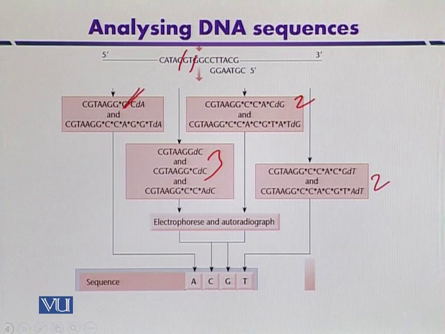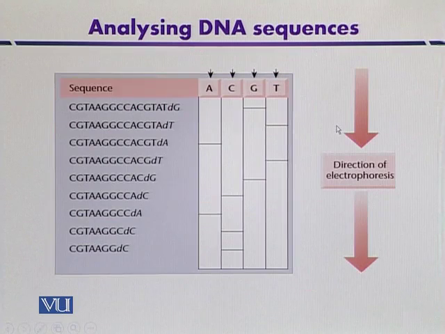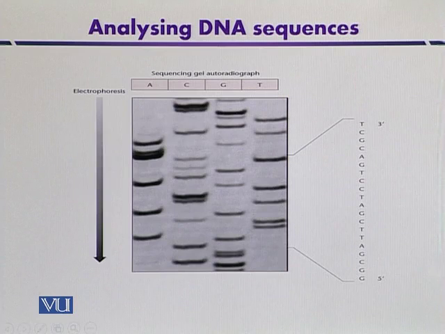So we will get a mixture of different fragments that will be resolved on gel electrophoresis. In this way we will get a complete sequence of the bases. And finally, this is the polyacrylamide gel autoradiograph that can show the sequence of different base pairs.